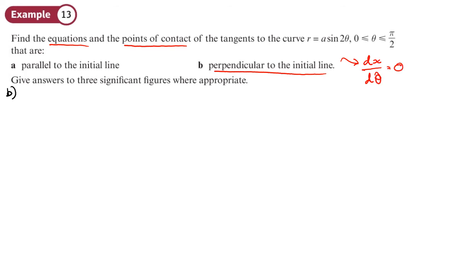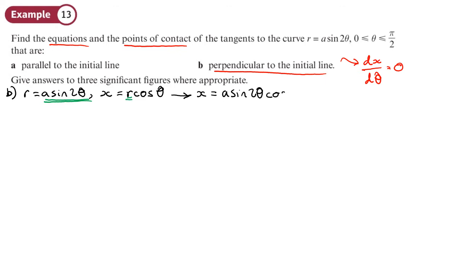So our equation is r equals a sine 2 theta, and we know that x equals r cos theta, so we can substitute the r for a sine 2 theta to get an equation with just x and theta in it. So we end up with x equals a sine 2 theta cos theta.